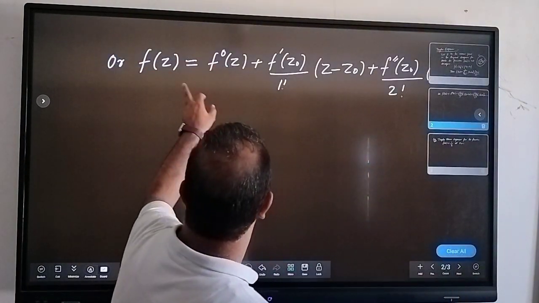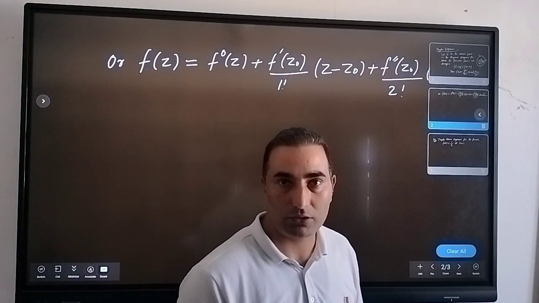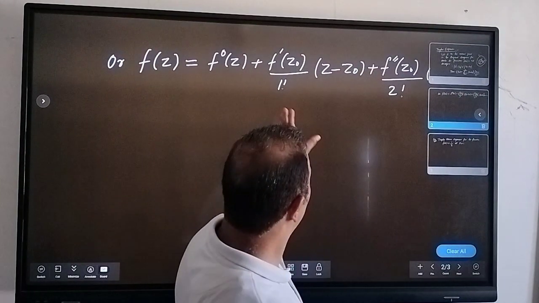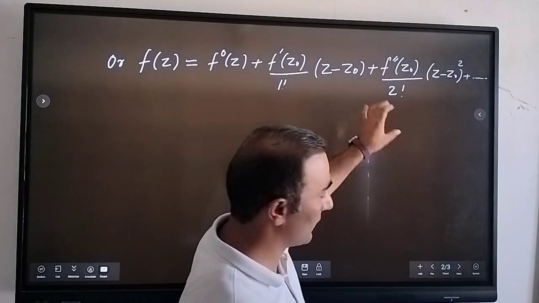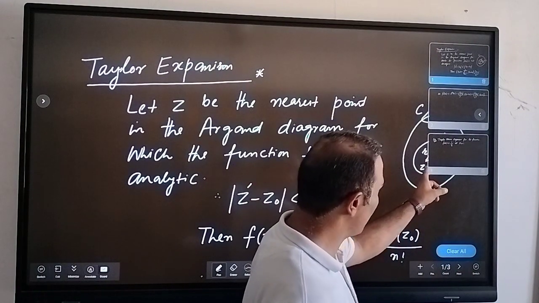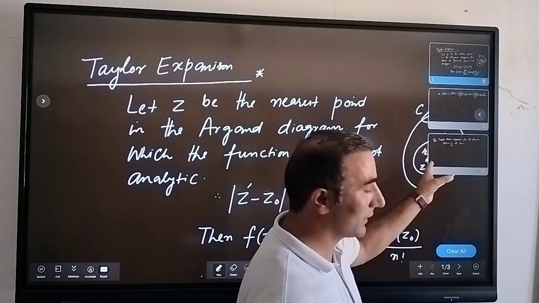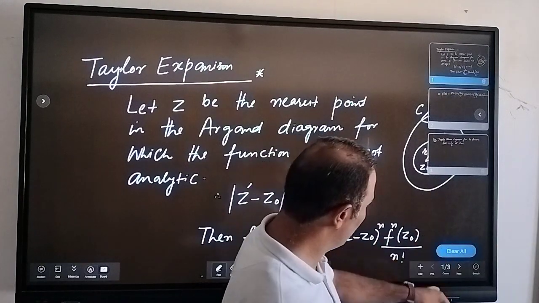Putting n equal to 0, 1, 2, 3 corresponds to this series. And z naught, if you remember, is basically the center of this closed loop, right? Either you take it inside or outside the loop.